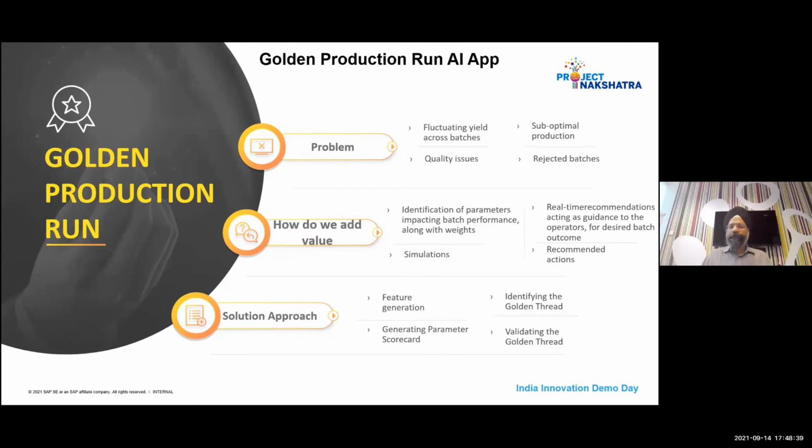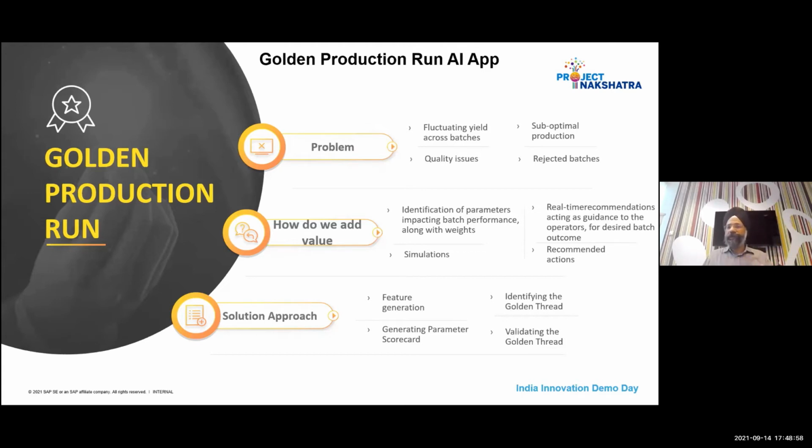And with those, we start giving real-time recommendations as a batch is being produced and identify the right set of recommended actions. How do we do this? We do this by generating different kinds of features and creating a scorecard.